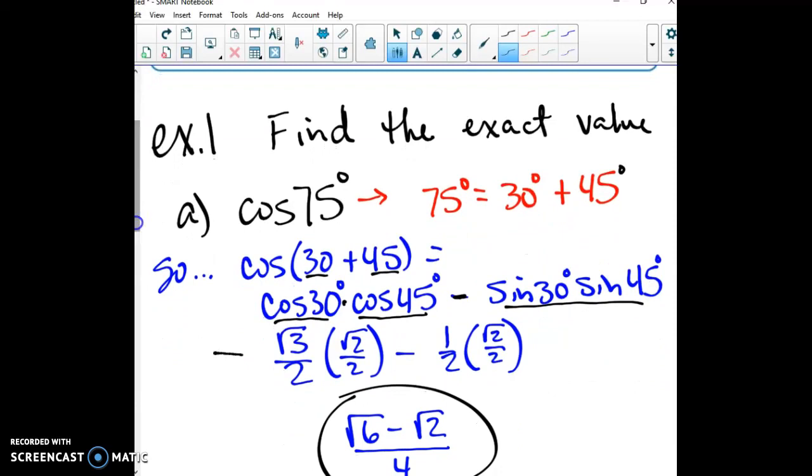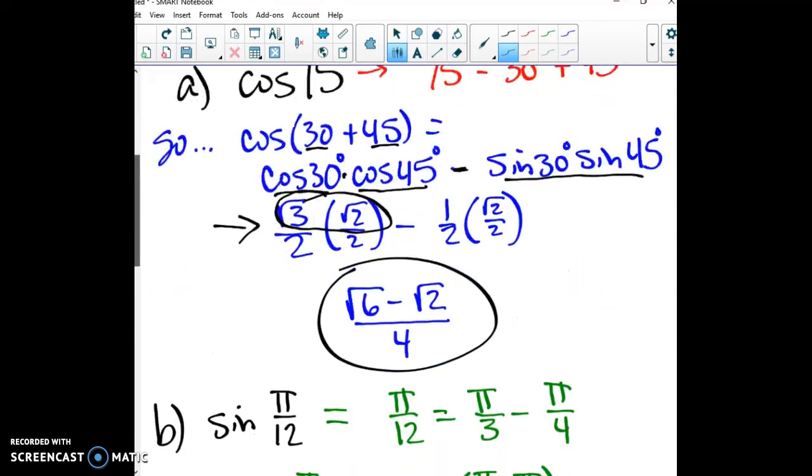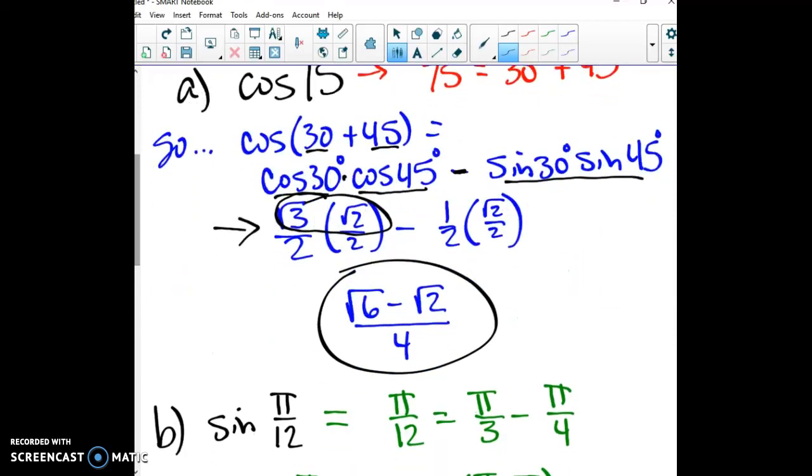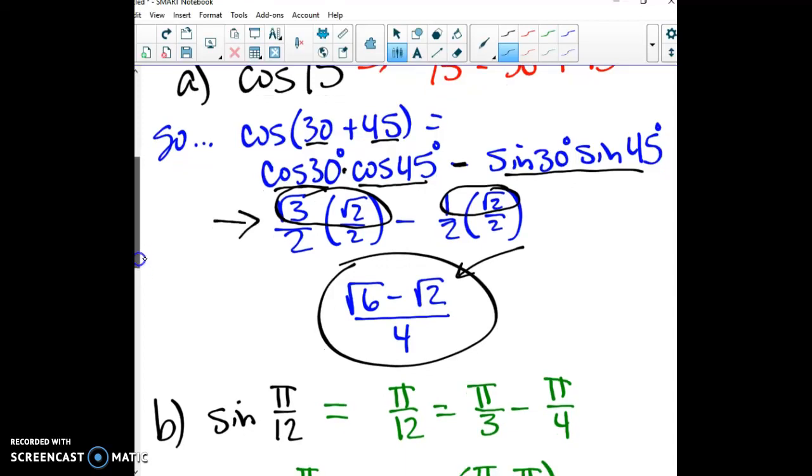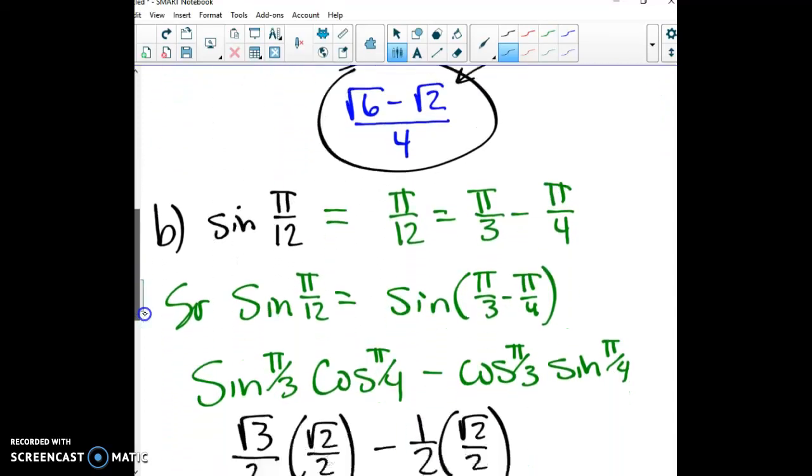So we're going to simplify on the left side. Combining radicals, we get square root of 6 over 4 on the left side. On the right side, we get square root of 2 over 4, and we would combine those as such. Square root of 6 minus square root of 2 all over 4. Those cannot be consolidated anymore.